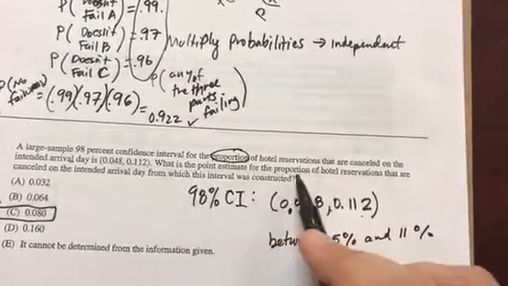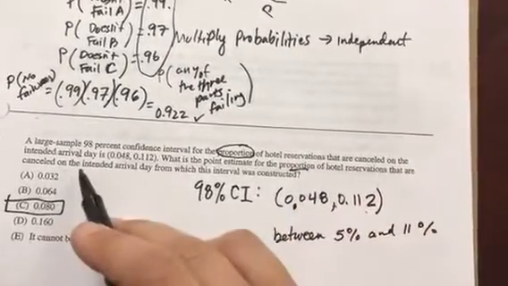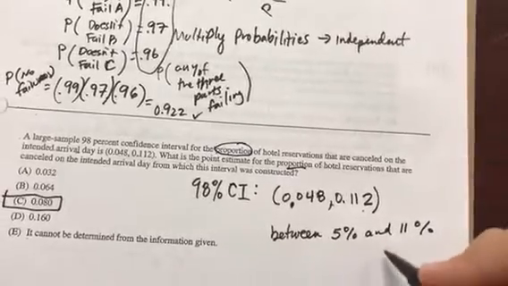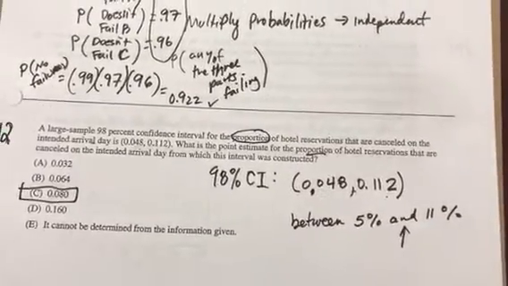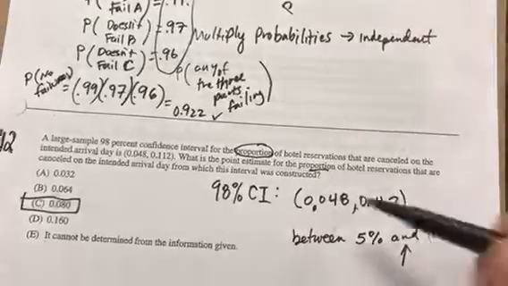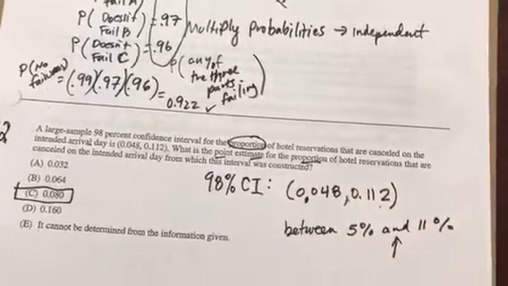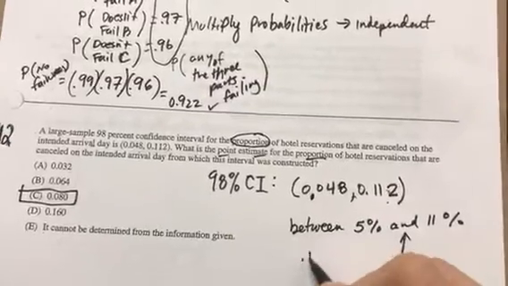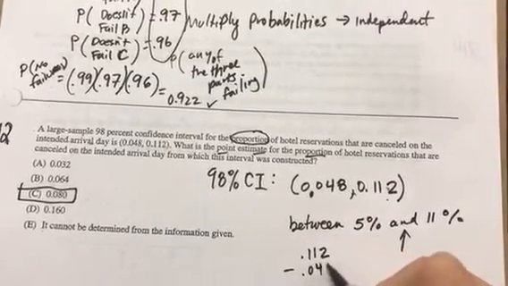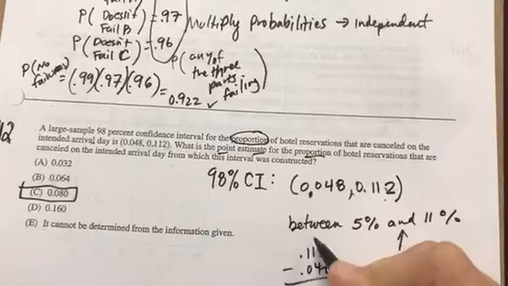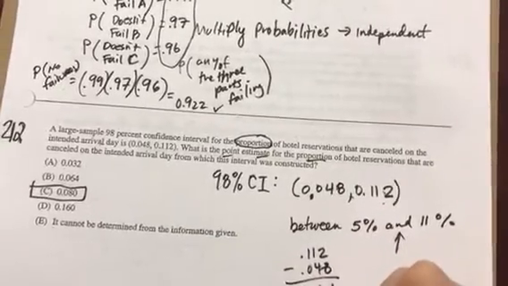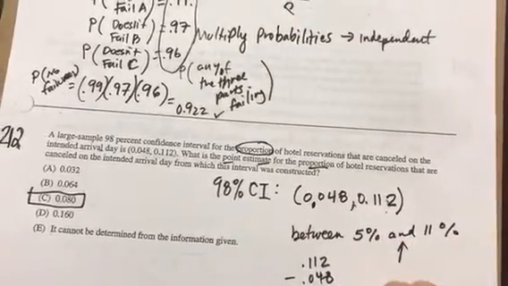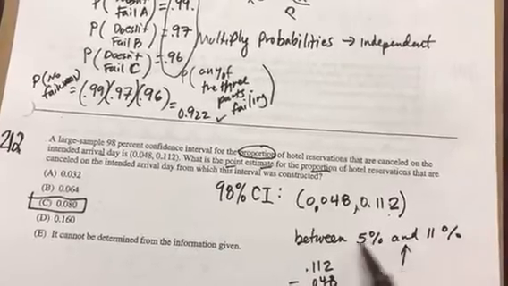What is the point estimate for the proportion? Well, the point estimate would be somewhere exactly inside of there. That's not the true proportion, but it's at least the point estimate. So to do this, it's simple mathematics. I can subtract the 2. And I get 6%, so that makes sense.